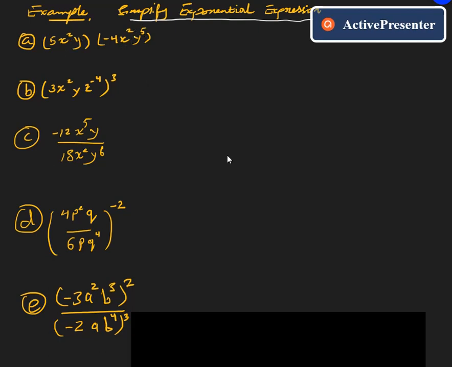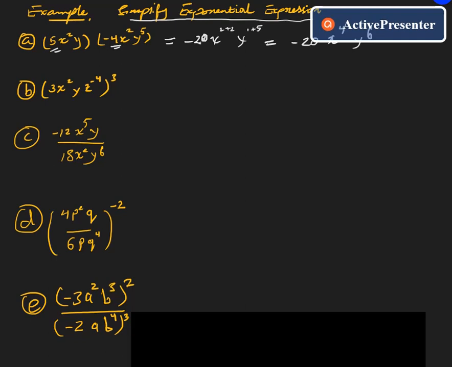So first we combine the power of x, which should be x to the power 2 plus 2, multiplied in y to the power 1 plus 5. What about these two numbers? 5 multiplied in minus 4 is minus 20. The final answer should be minus 20 x to the power 4 multiplied in y to the power 6.